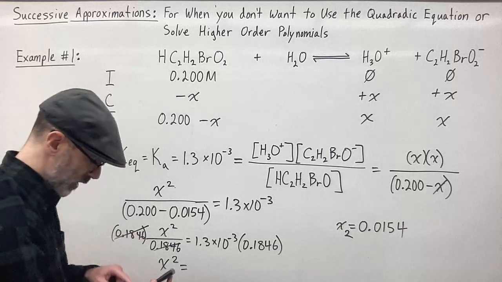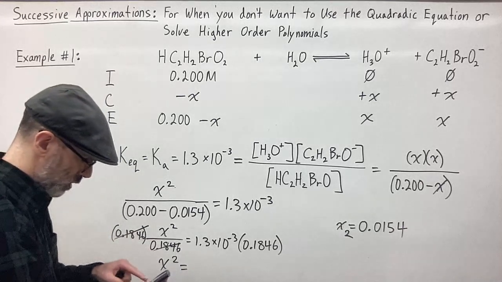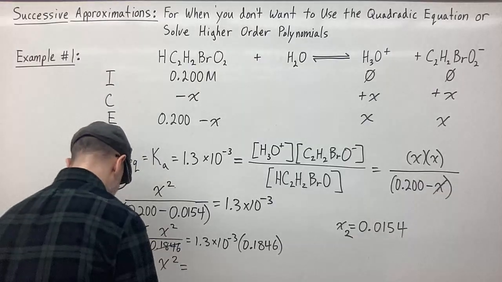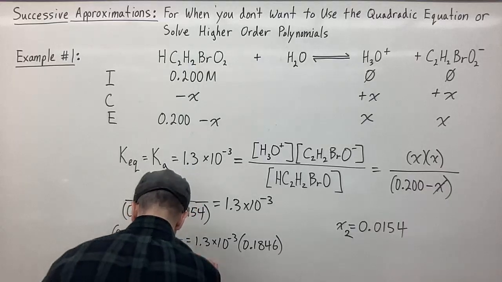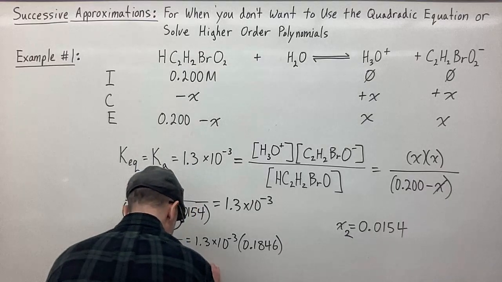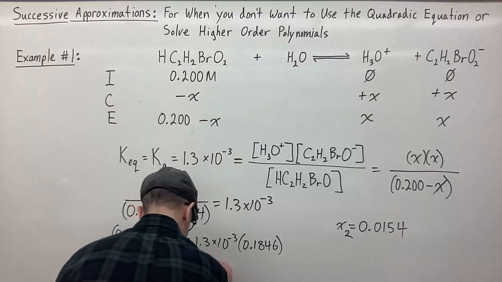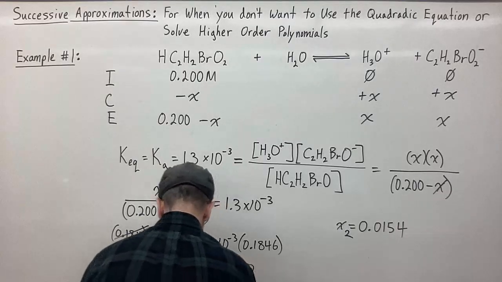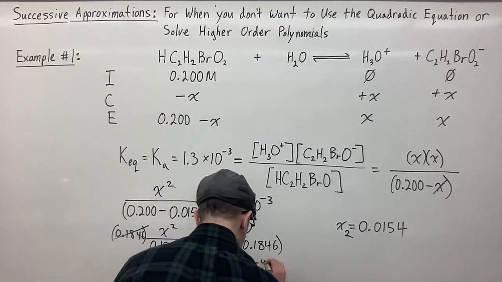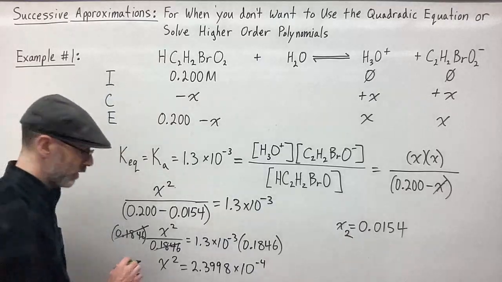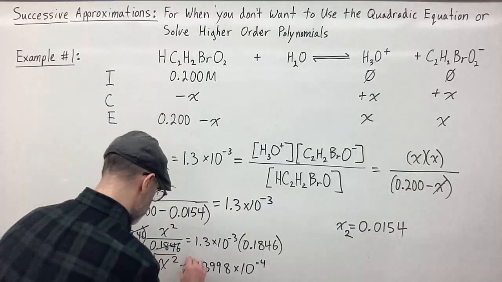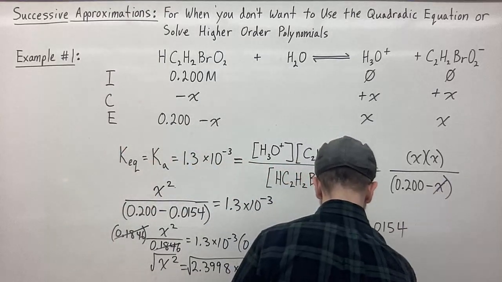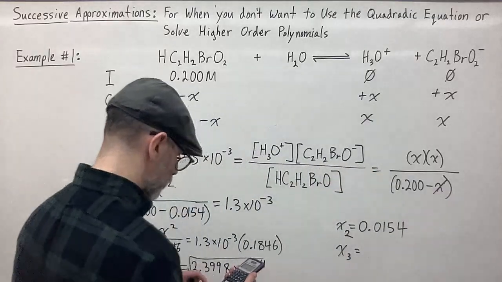So let's multiply 1.3 times 10 to the negative 3 equals, and I get 2.3998 times 10 to the negative 4. And then again, all I do is take the square root of both sides, and therefore I get the third x.